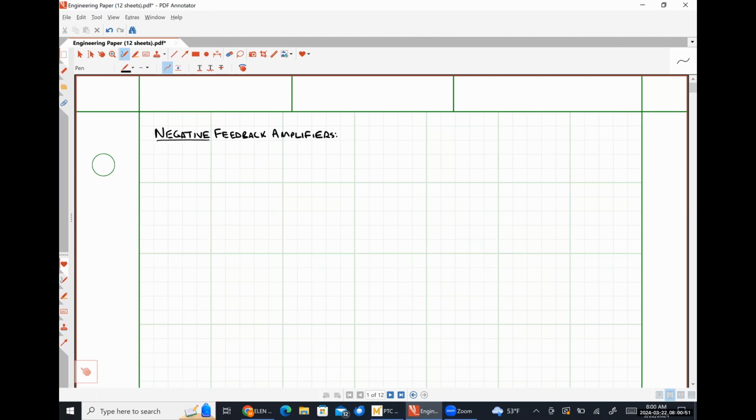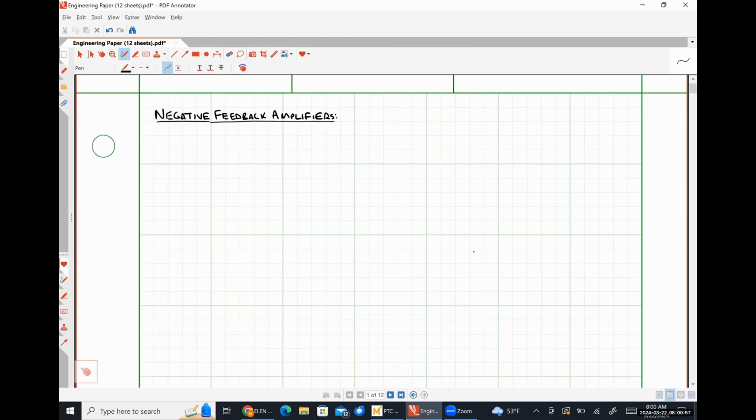So we're going to analyze a simple circuit, one that you have actually analyzed before, way back in circuits one. This is a simple inverting amplifier.